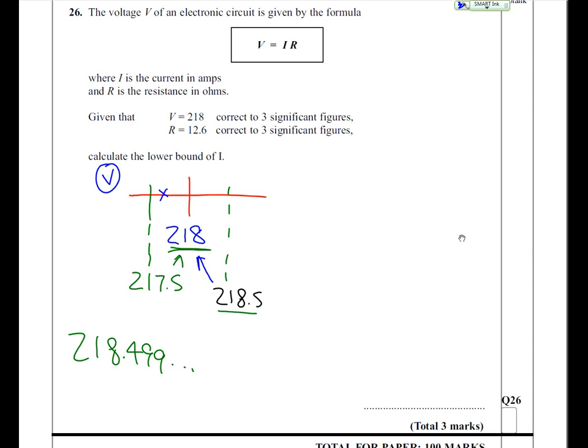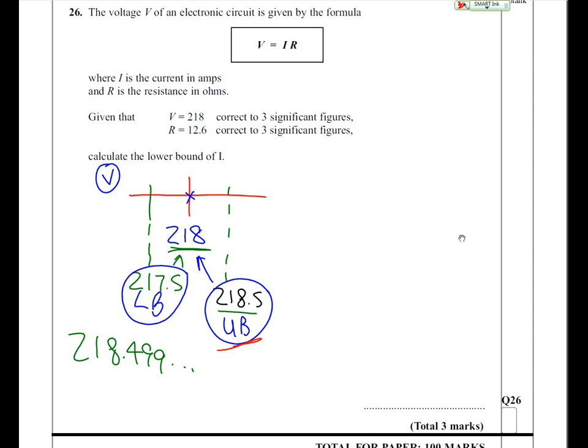So your real value that we don't know could have been anywhere here to round to get 218. The smallest possible we call the lower bound. The biggest possible we call the upper bound. That's just convention because I know that would actually round up. Don't worry about that.